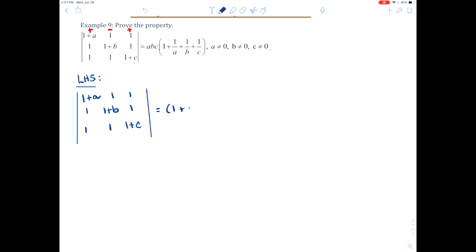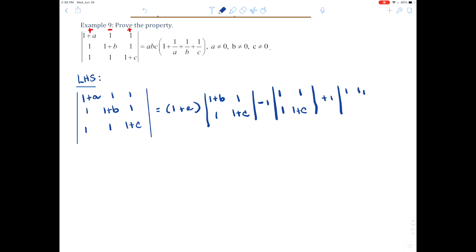positive 1 plus a, and then we'll have the resulting determinant 1 plus b, 1, 1, 1 plus c, and then minus 1 times the determinant 1, 1, 1, 1 plus c, and then plus 1 times the determinant 1, 1 plus b, 1, 1.